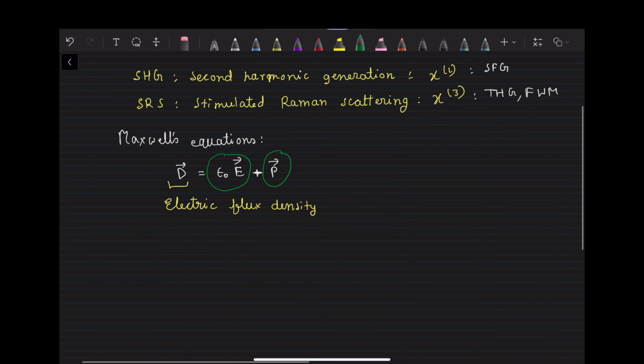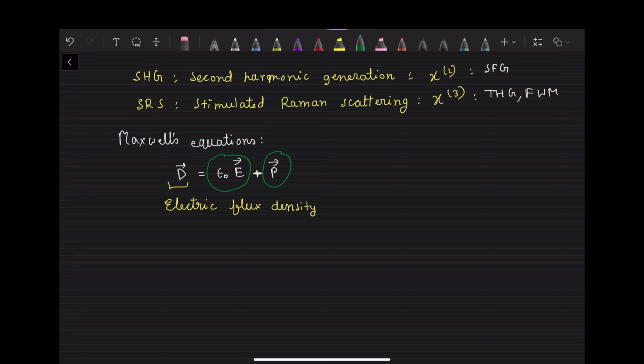Second is the polarization. And why do we get two terms? So what's the physics of it? So first term is coming from free charges. What I mean by free charge is literally they're not bound to any atoms or any metals or so.